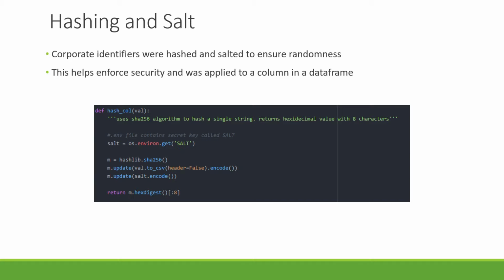I use the SHA-256 hashing algorithm with a salt to ensure the randomness of that ID, and the return value is the last 8 digits of the hexadecimal representation of the hash. And this hashing algorithm was applied to the data frame itself, so that each of the IDs was hashed in the same way.